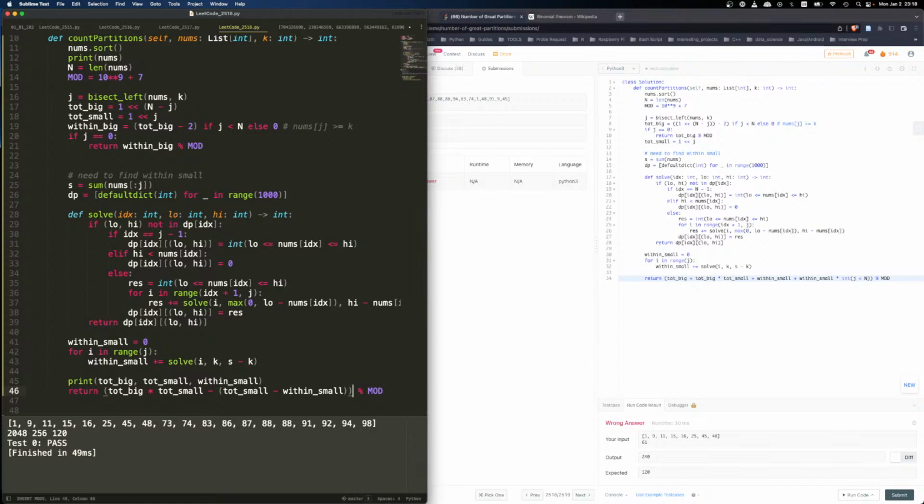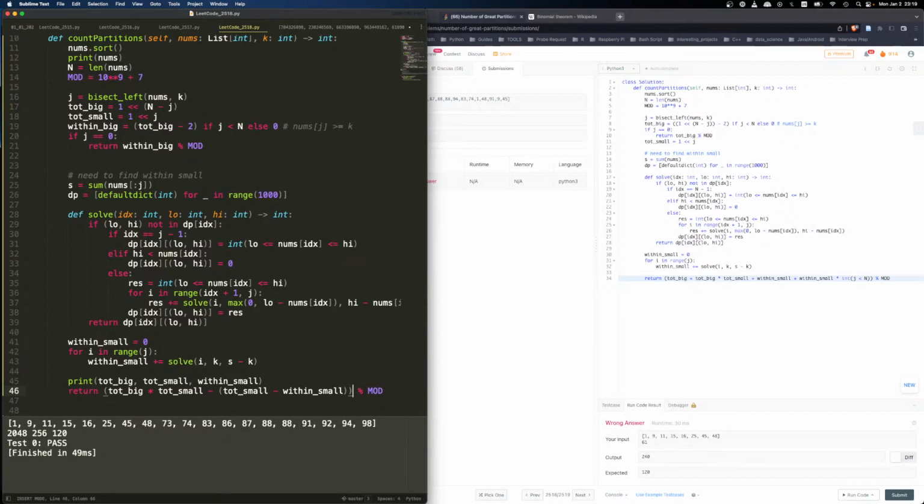That will be total big within small. Total big minus, so that's only 2.